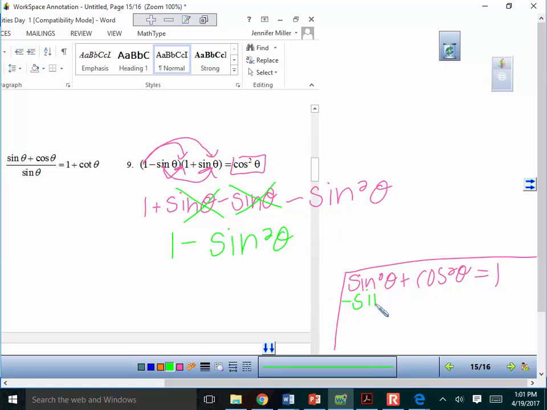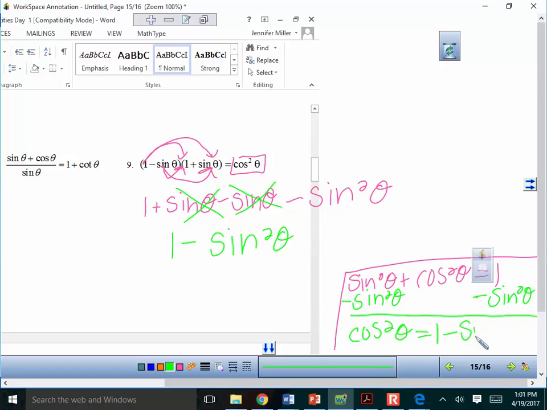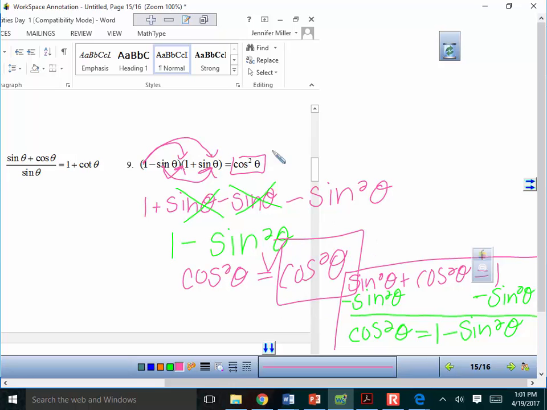So if we get rid of the sine squared of theta over here, then we're just left with cosine squared of theta is equal to 1 minus sine squared of theta. So that means we can just replace this guy, 1 minus sine squared of theta, with cosine squared of theta. And of course that's equal to what we're looking for, cosine squared of theta. See? So we're good. Any questions?